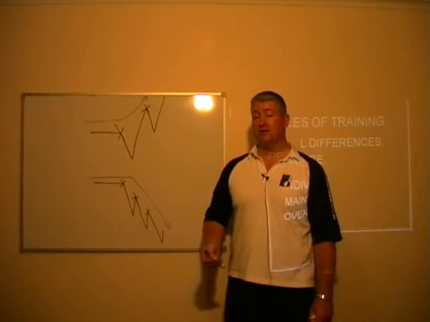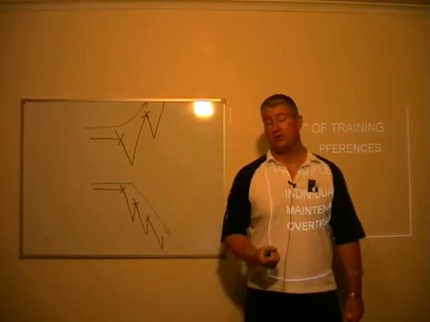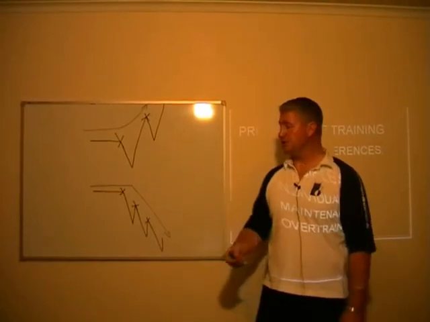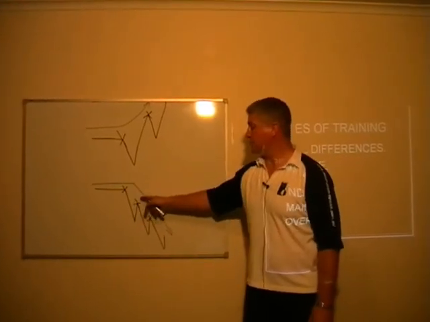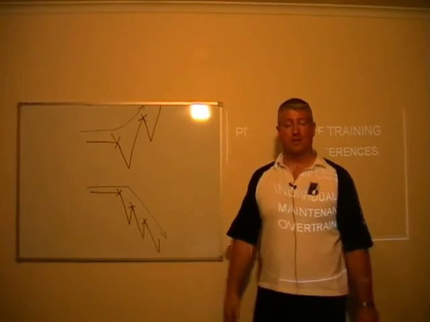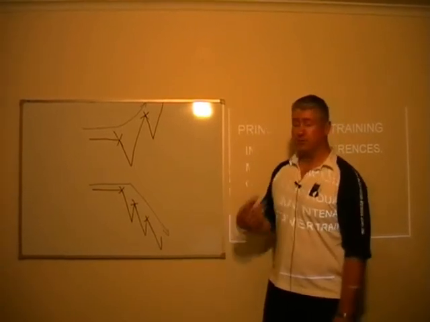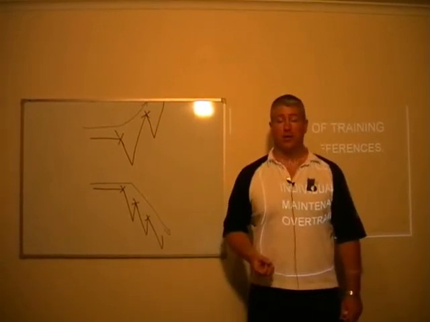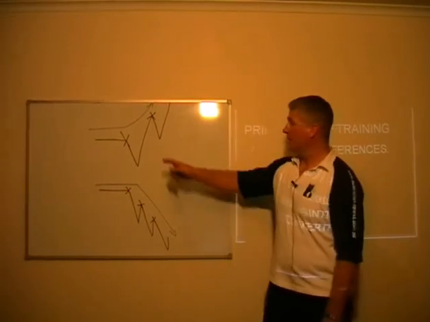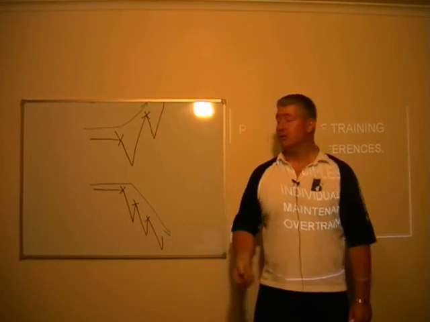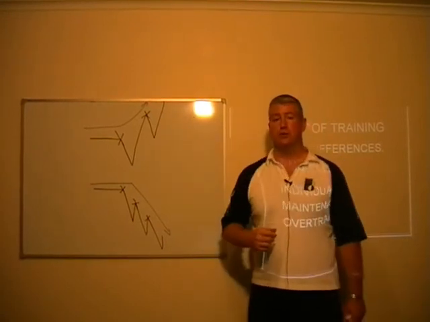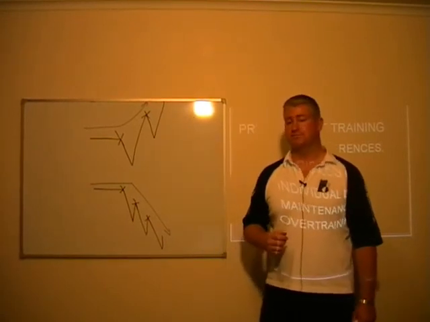And overtraining can occur particularly for a beginner who's not used to regular exercise participation, can occur as much as 12 to 24 hours between exercise sessions, can cause overtraining. As we mentioned before, particularly for a beginner who hasn't had much exercise experience, around about 48 hours between exercise sessions is ideal to ensure that we get the most supercompensation that we can achieve.